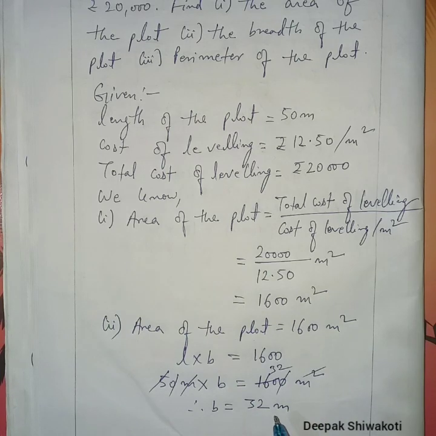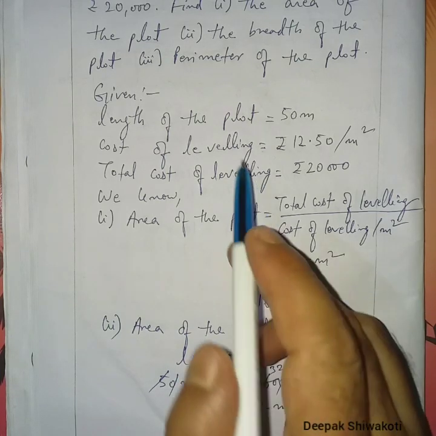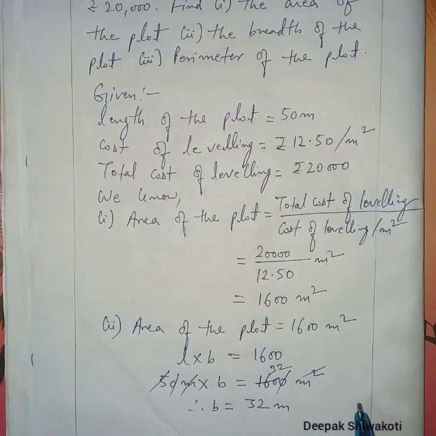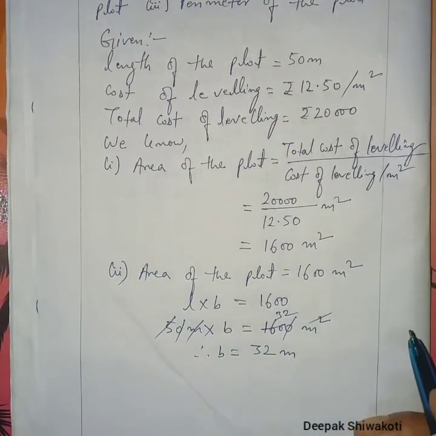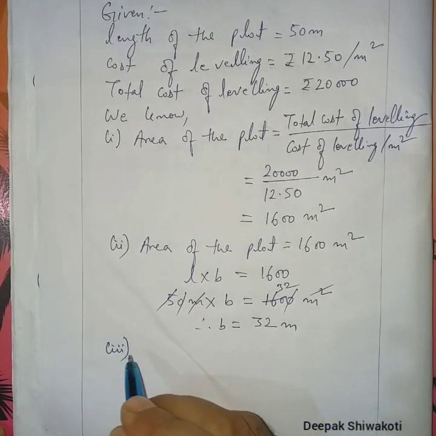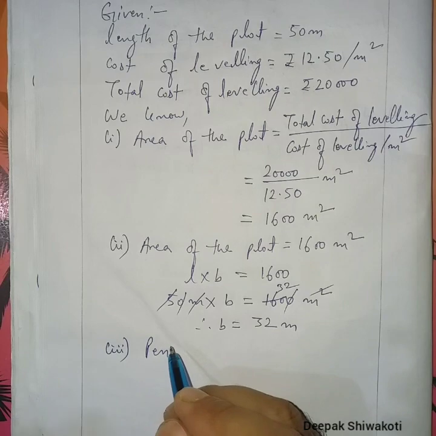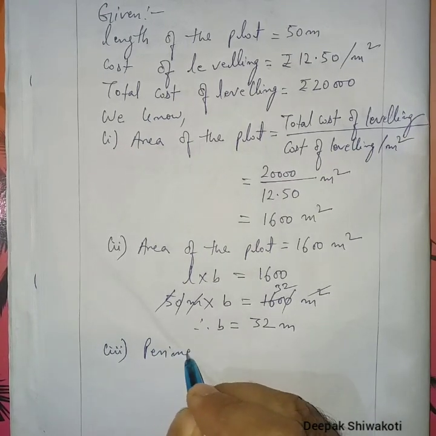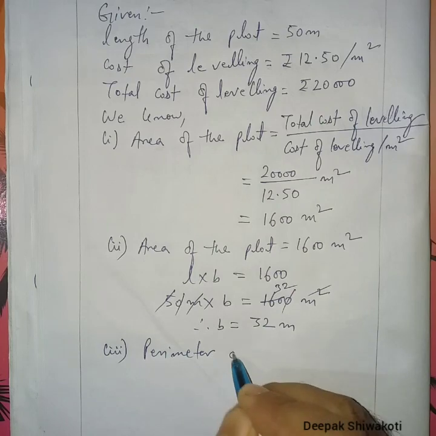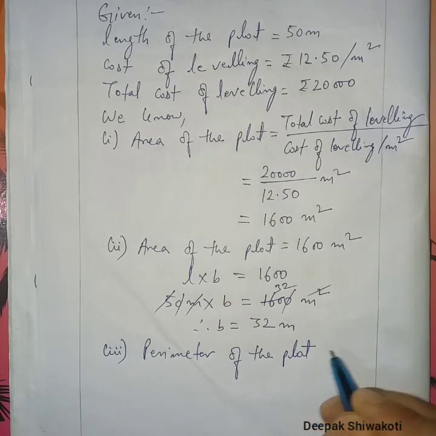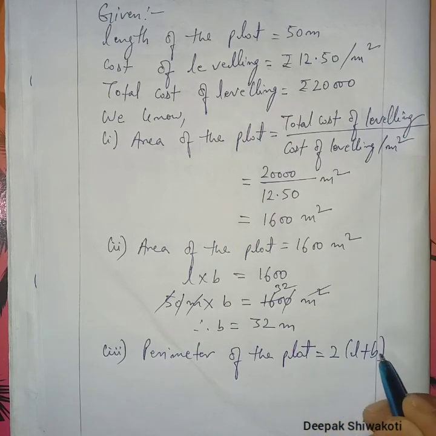The breadth we got. Now number 3 is to find the perimeter of the plot. So perimeter will be given by 2 into length plus breadth. Perimeter of the plot is equal to 2 into length plus breadth.